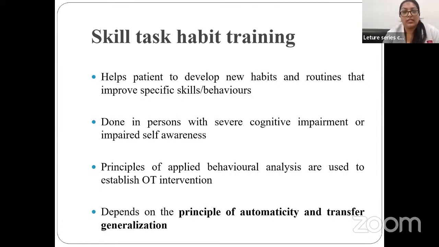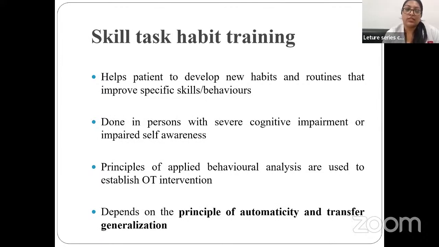So this skill task habit training is dependent on the principle of automaticity and transfer generalization. Now, what is automaticity? Automaticity is the ability to perform the task with little or no contribution from the conscious mind. For example, if someone asks you to drink water, you do not have to use your mind to figure out how to open the bottle, and you will just take the bottle and drink the water.